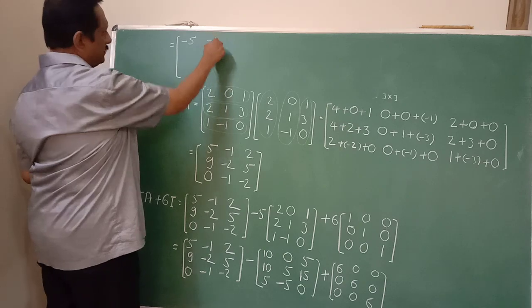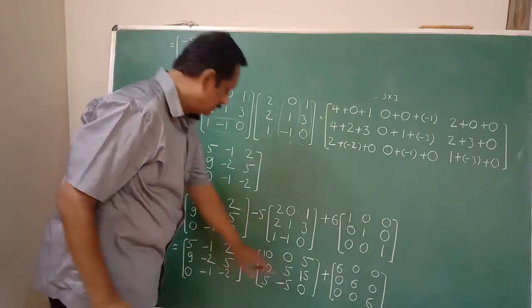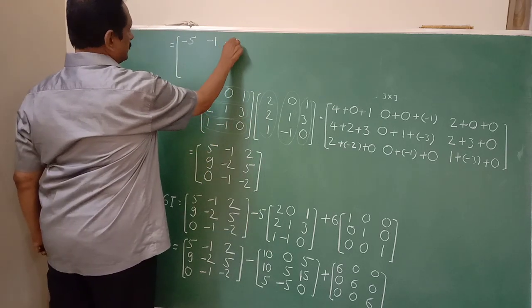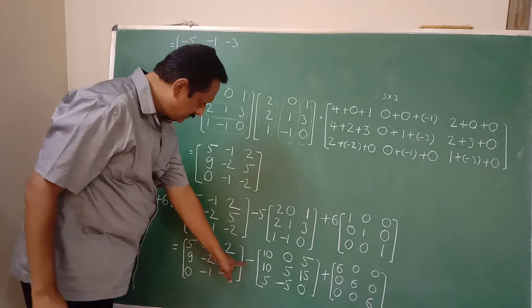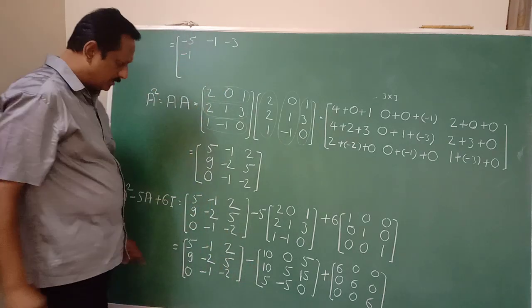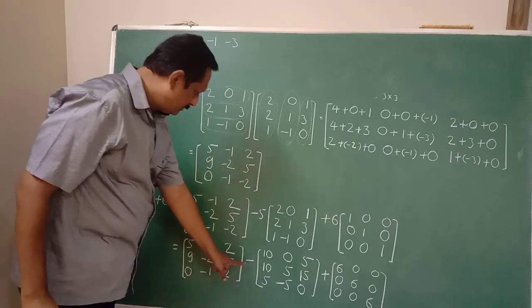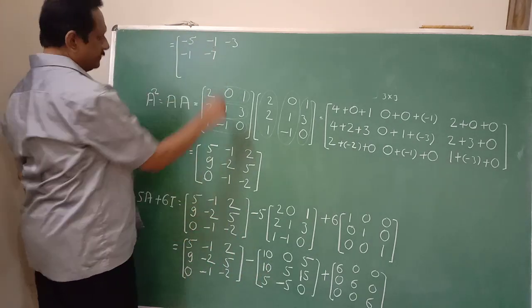So write here minus 1. Then 2 minus 5 minus 3 is minus 3. 9 minus 10 minus 1 here. So it is minus 1. Minus 2 minus 5 minus 7 here. It is minus 7.